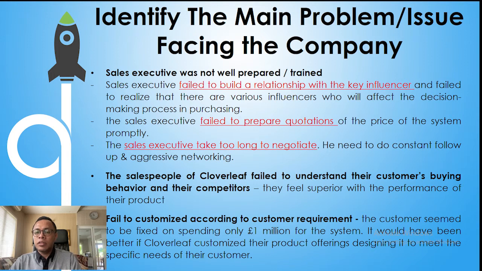The salesperson also failed to understand the customer's buying behavior and their competitors. The third one, they failed to customize according to customer requirements. For example, the customer requested a budget of £1 million, but they did not meet the requirement of their customers. So this is a loss to them.